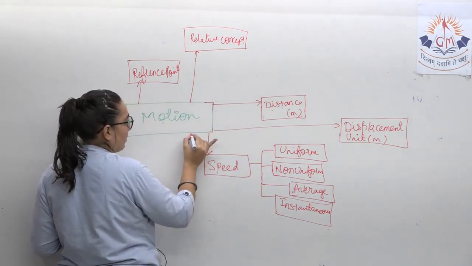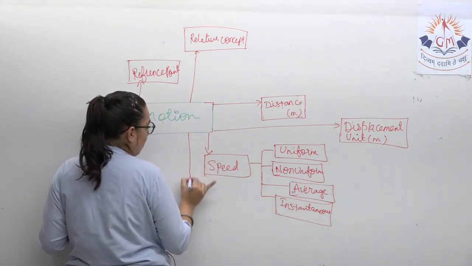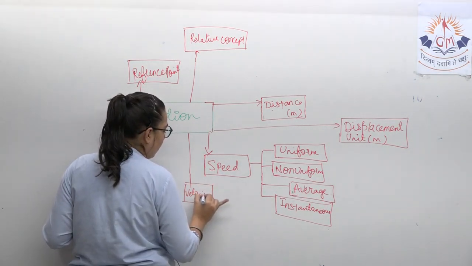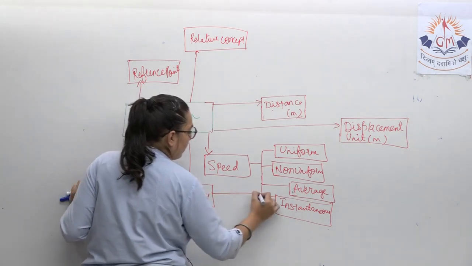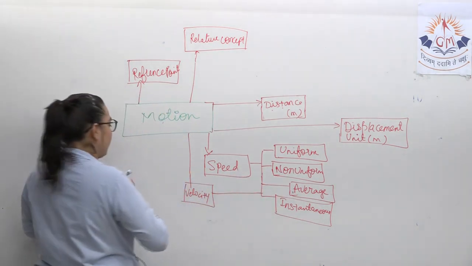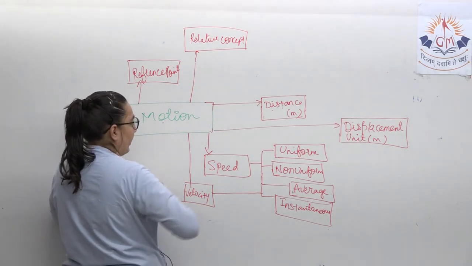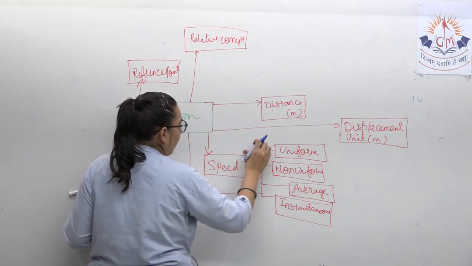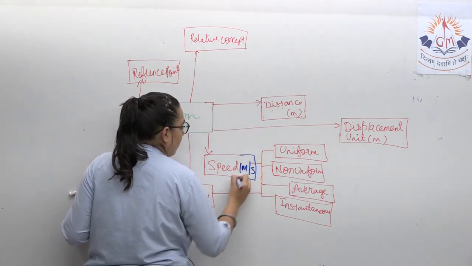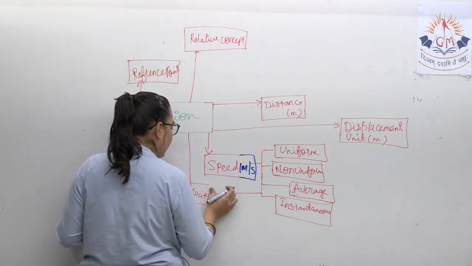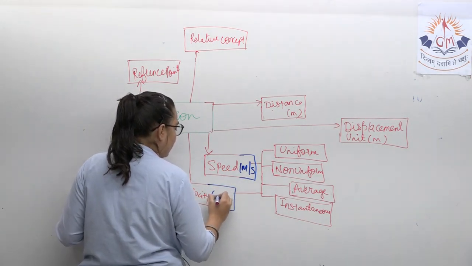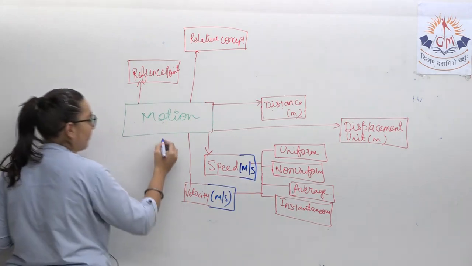Then velocity. Speed has the unit of meter per second. Similar is the unit of velocity, that is meter per second.